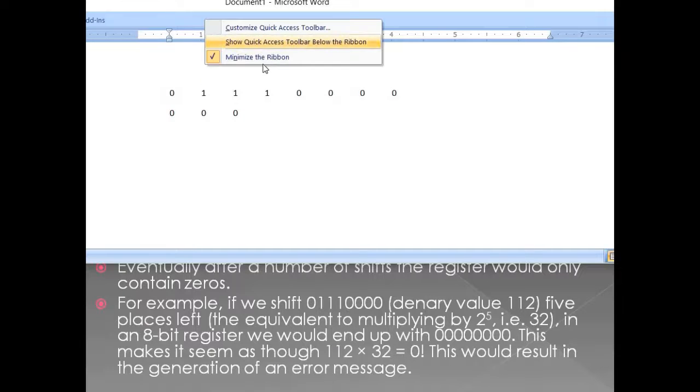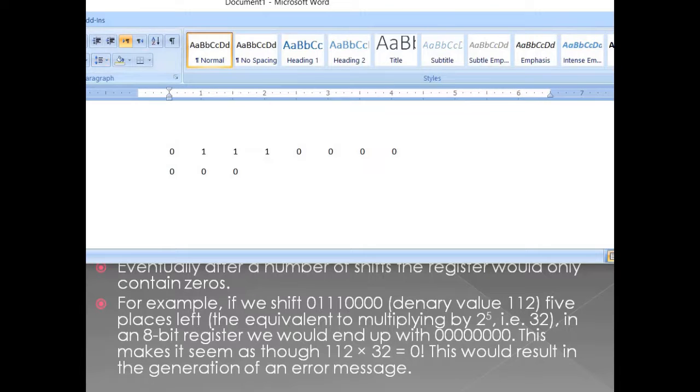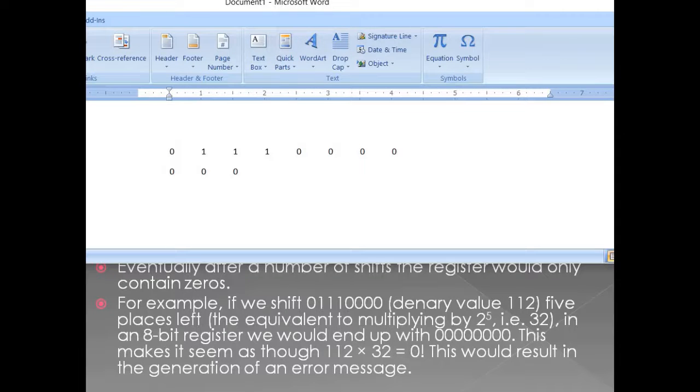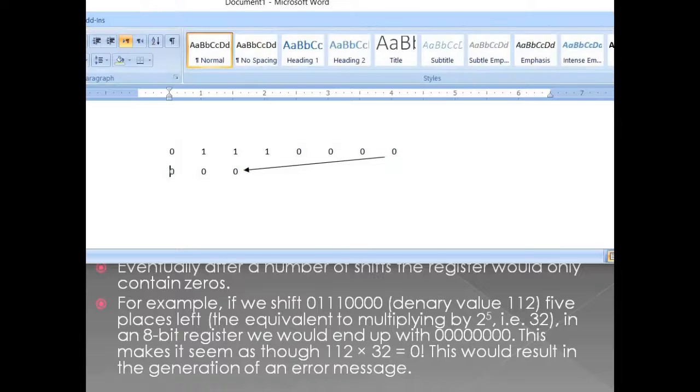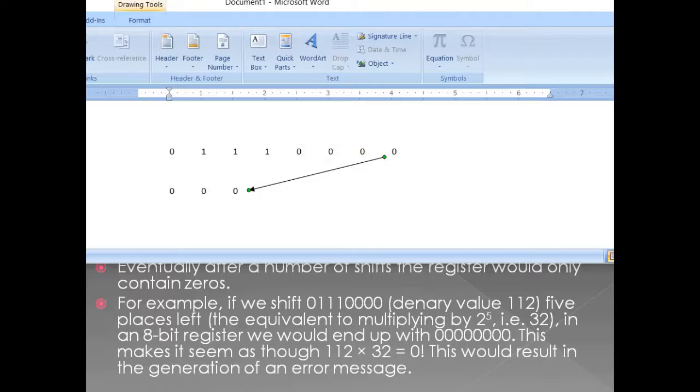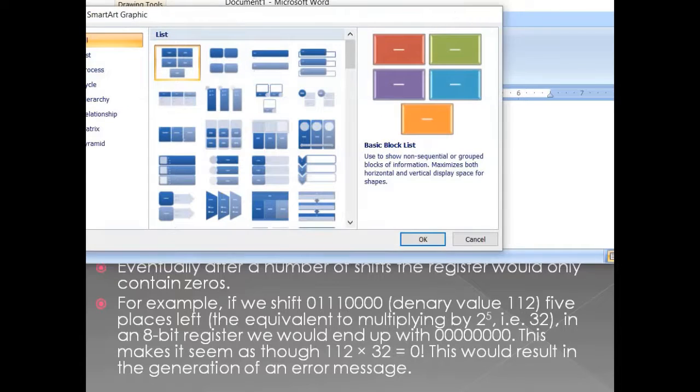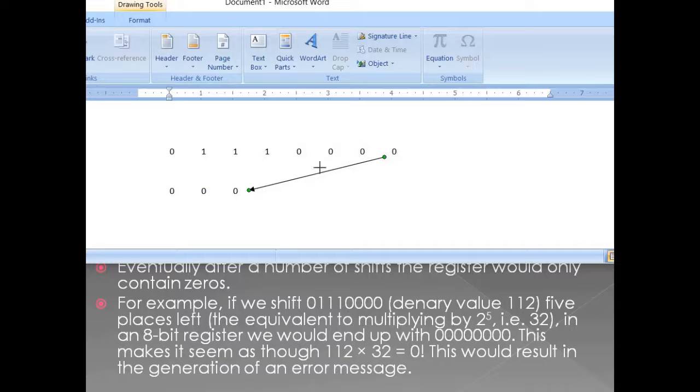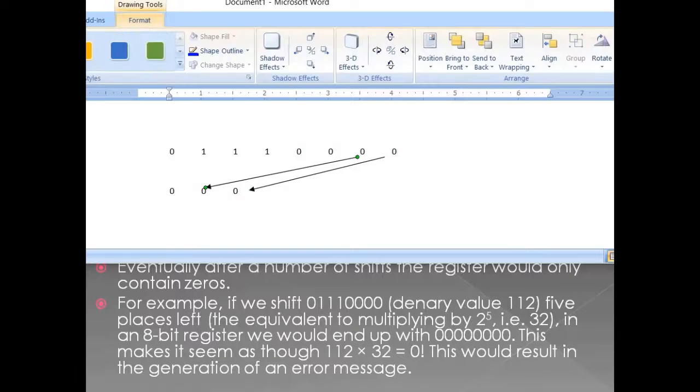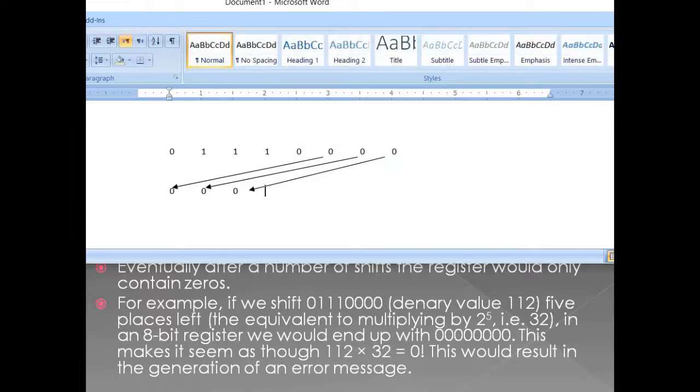How, you may ask? Because we have multiplied it with 5 shifts. This 0 comes over here, and again this 0 comes over here, and the places which we are left, obviously we are supposed to fill them with 0 0 0 0.